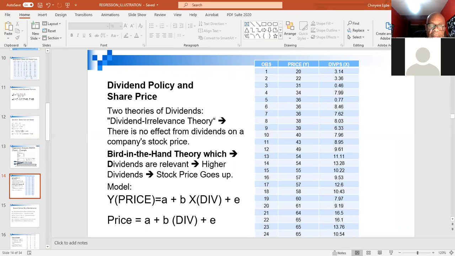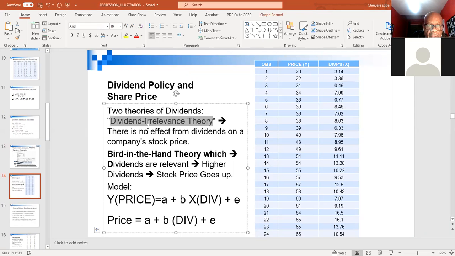In financial theory, there are two main theories. One theory is called the dividend irrelevance theory. The idea is that shareholders in a corporate stock do not care whether a company pays dividends, because if they want cash, they will simply sell their stock.